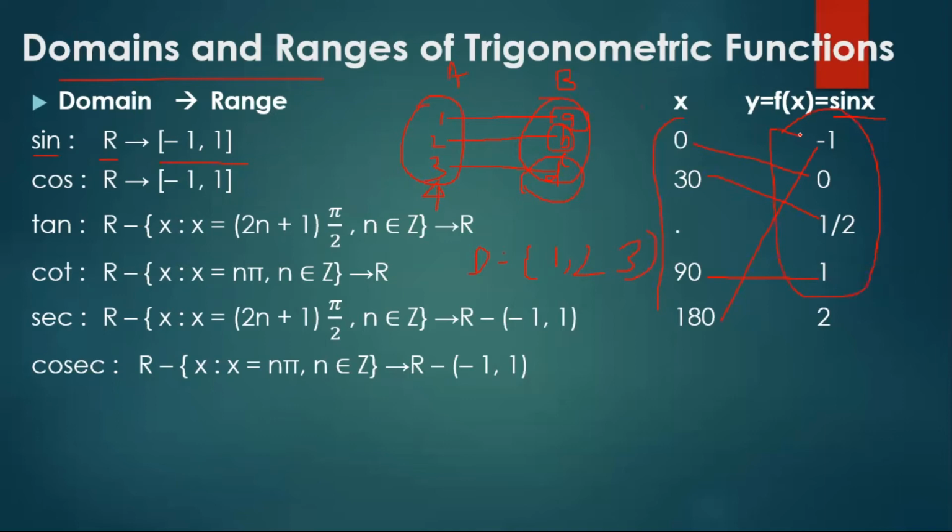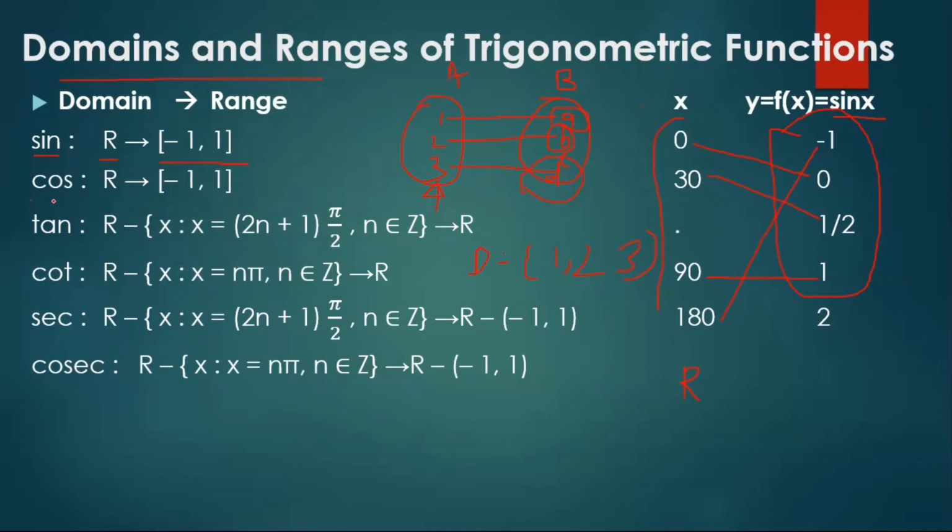That is between 1 and -1. Only those values are having pre-images from your first set. Is it clear? But here in your first set, all the values are having an image. So you can take any value, you'll get an image. Any value means real number. So domain is real numbers and your range is between -1 and 1.